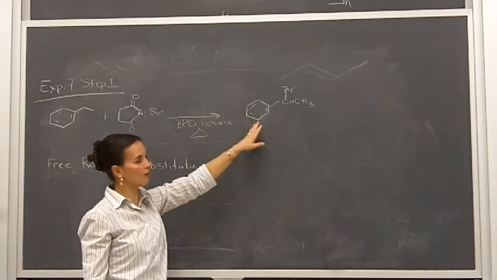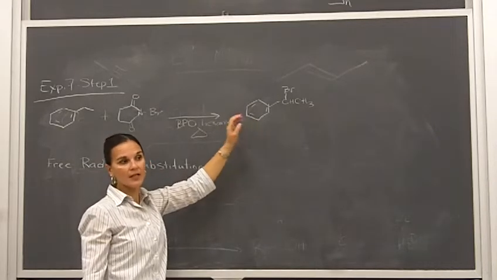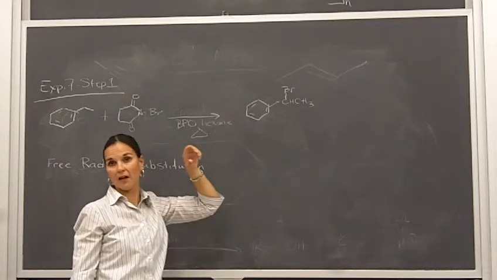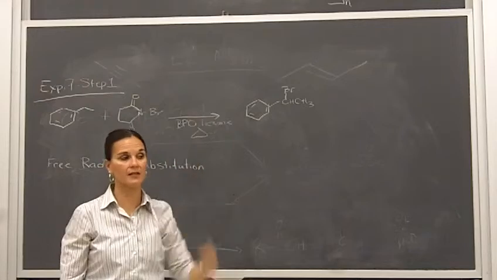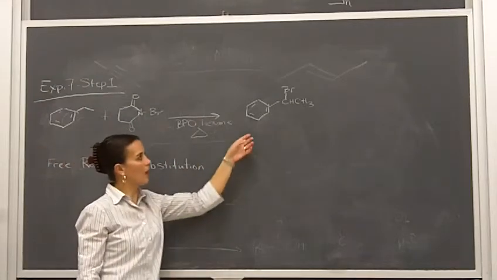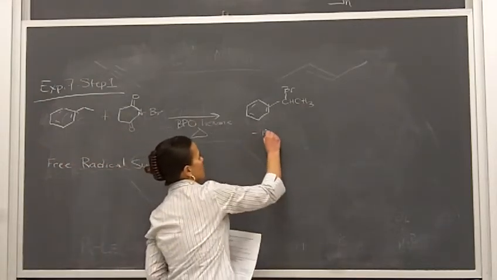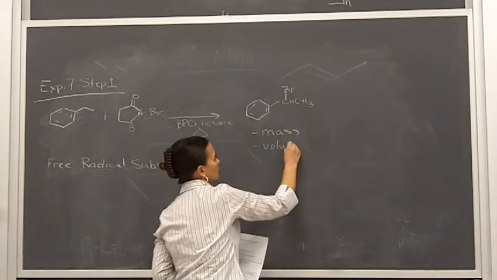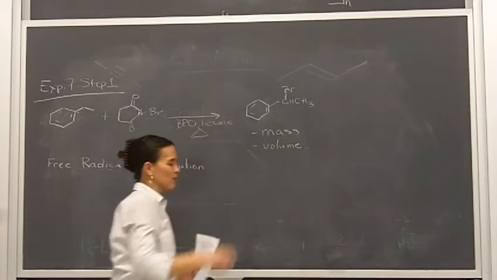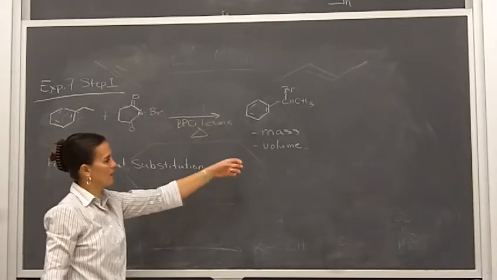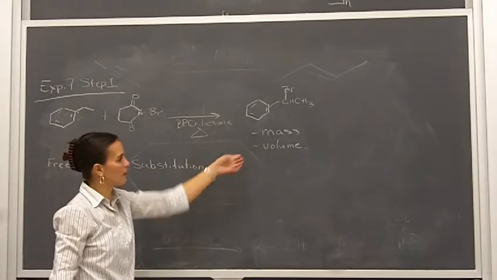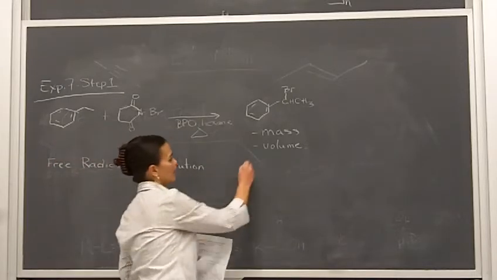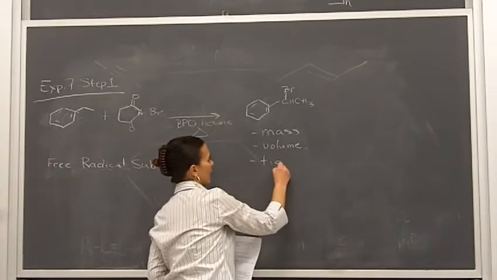So once you get your product after the distillation, get it in a vial, cap it, know the weight of that vial and cap before you put it in there, then it's easy to get the mass. You'll also want to get the volume. We'll need that next week for some yield calculating. And then just make sure that it's in that tightly capped vial.